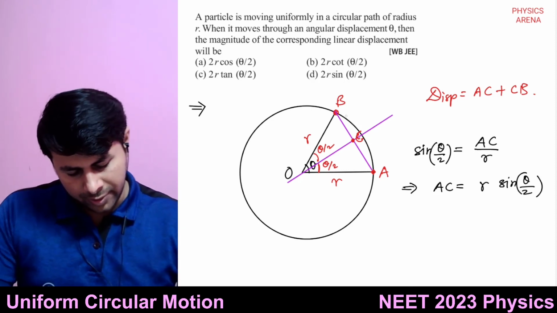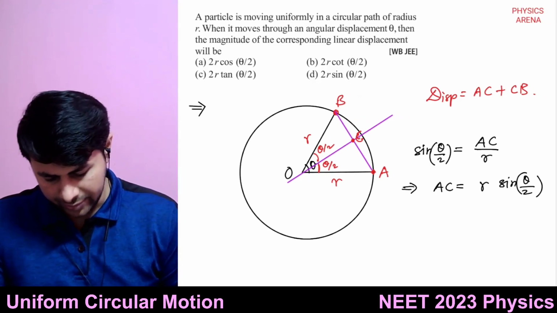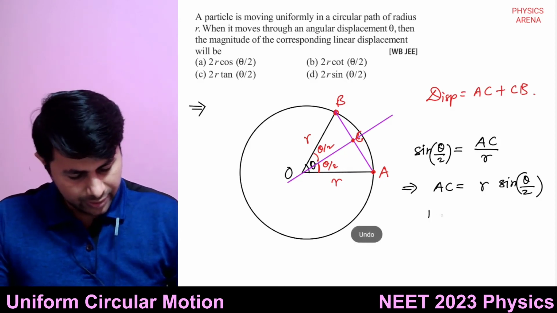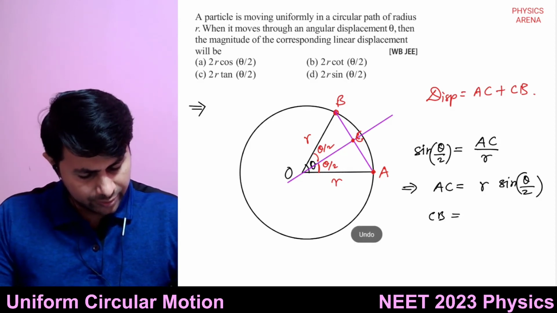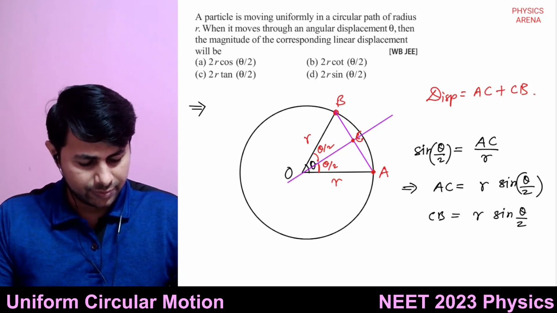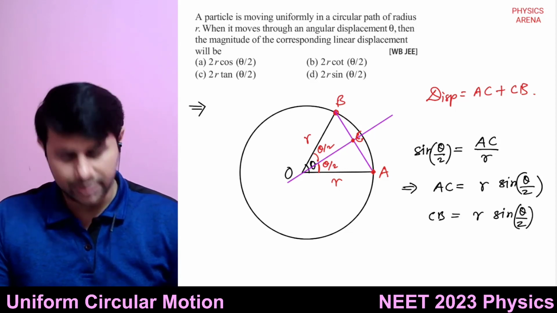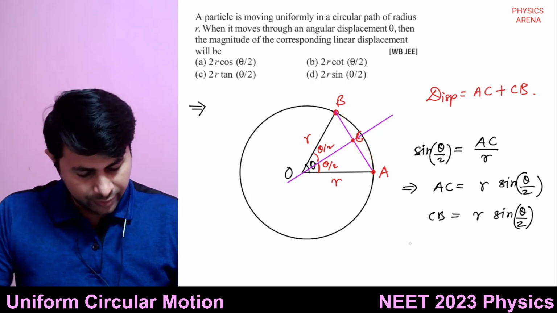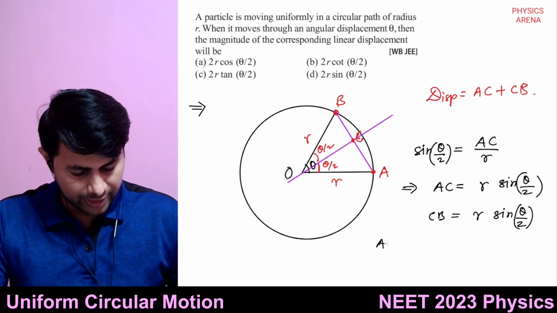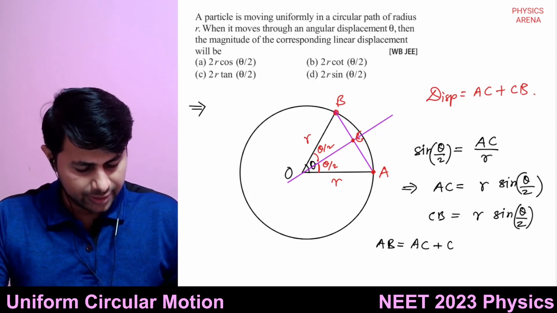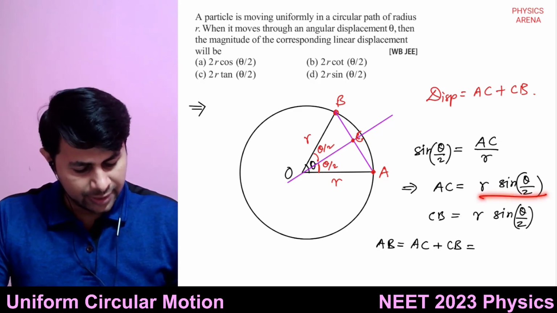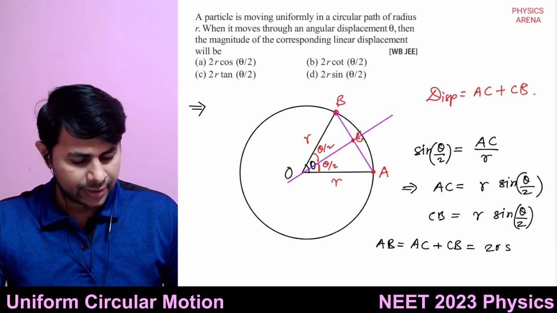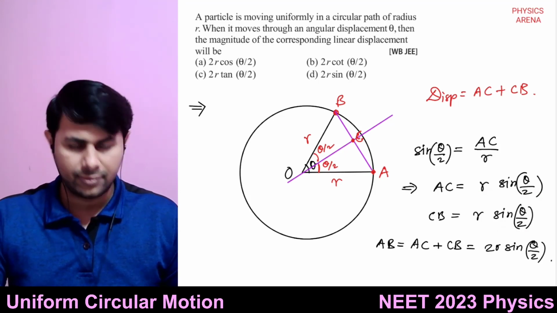And also BC or CB is equal to R multiplied by sine of theta by 2. The total distance from A to B is this distance plus this distance, right? So displacement AB is AC plus CB, which is R sine theta by 2 plus R sine theta by 2. So it is 2R times sine of theta by 2, right?